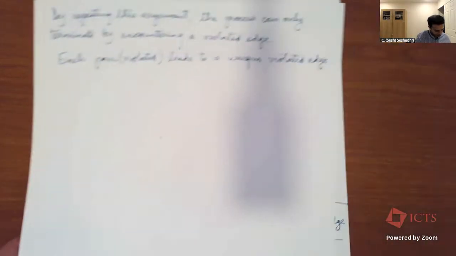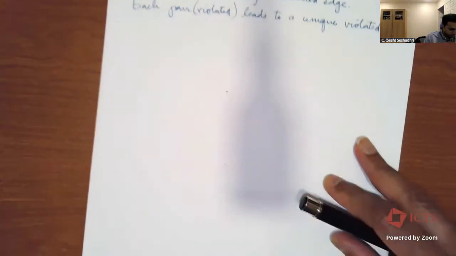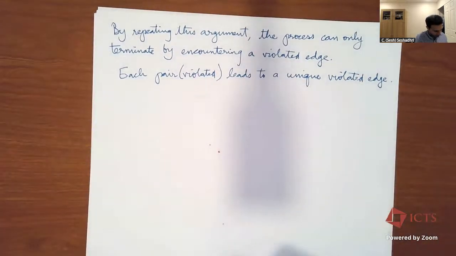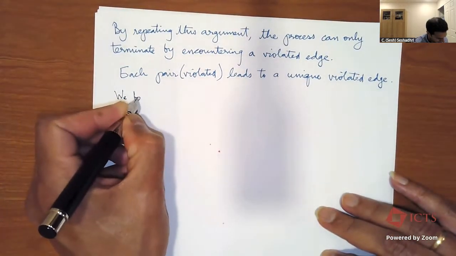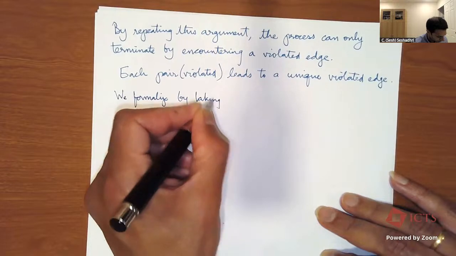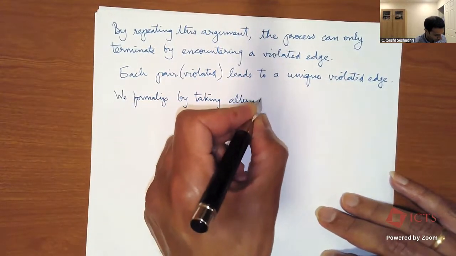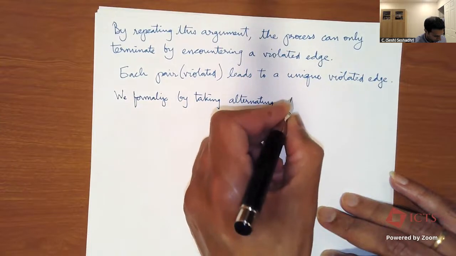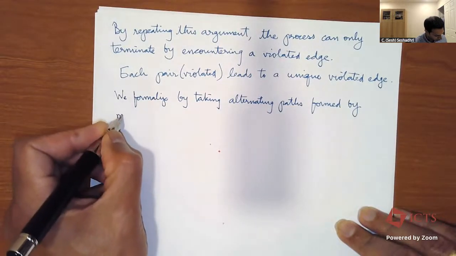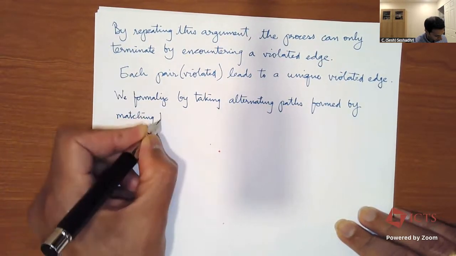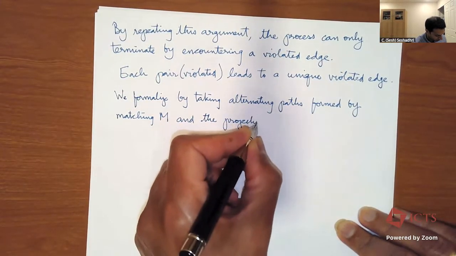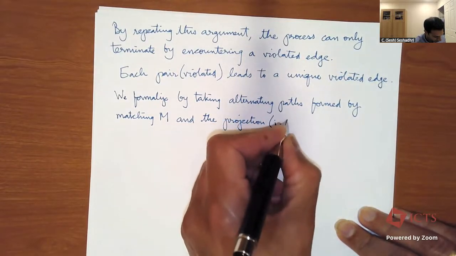And so I'll just write out that we formalize by taking the alternating paths formed by the matching M and the I-dimensional projection.